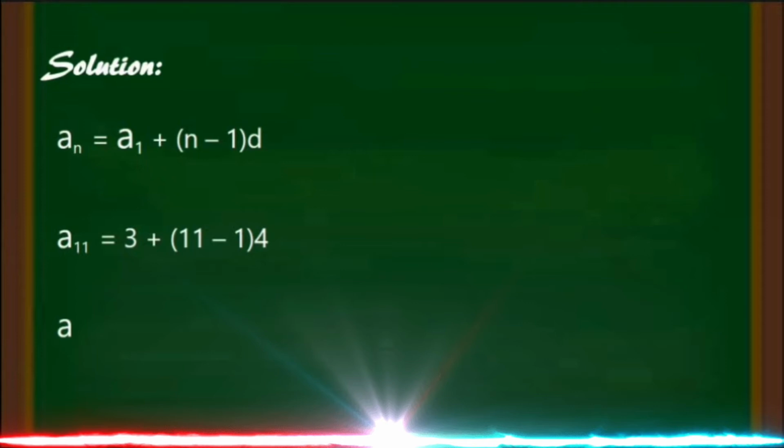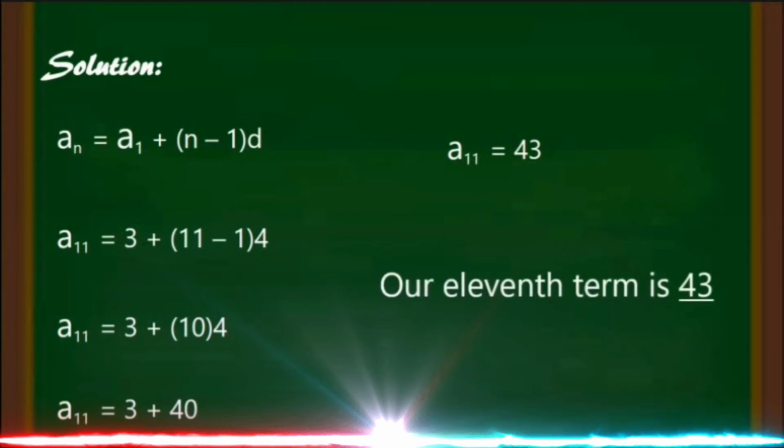Then a sub 11 is equal to 3 plus 11 minus 1, which is 10, times 4. Then a sub 11 is equal to 3 plus 10 times 4, which is 40. Then we add 3 plus 40, so a sub 11 is equal to 43. That's why our 11th term is 43.